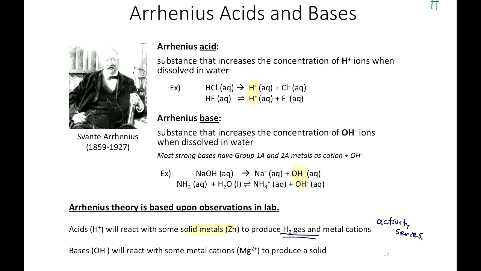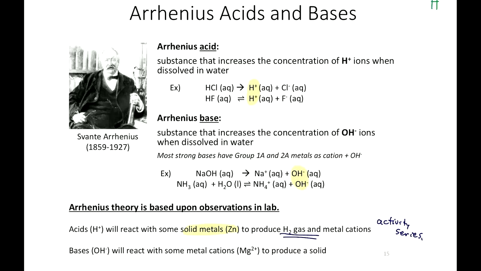The activity series says that mixing H+ with zinc metal produces a redox reaction. So if your mystery substance has H+ in it, he would observe gas bubbles being produced. That's how he identified these substances as acids.